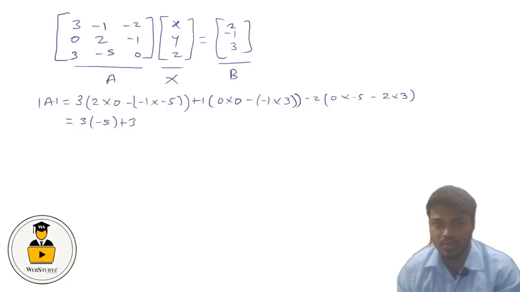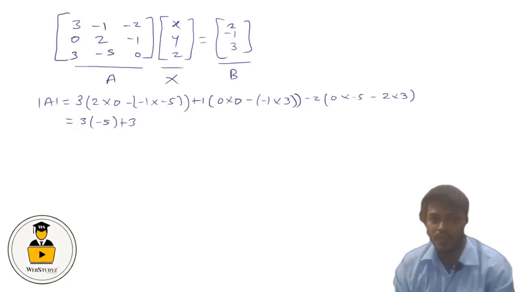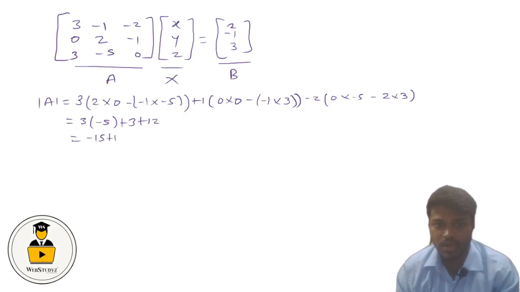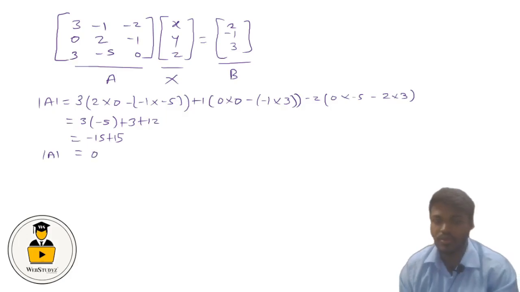Then the next term is minus 2 times (0 into minus 5 is 0, minus of 2 into 3 is 6), so minus 2 into minus 6 will be plus 12. So this is minus 15 plus 3 plus 12, which is again 15 minus 15. So our determinant comes out to be equal to 0.